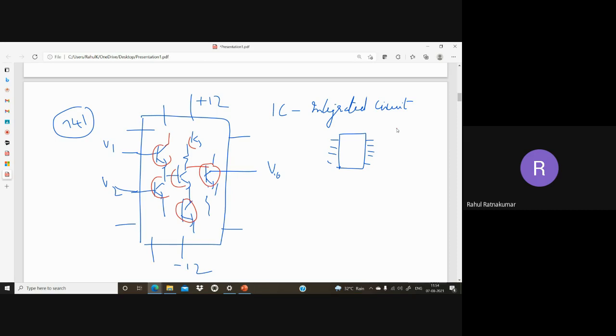Another problem is if you connect using an outside PCB or a breadboard, the length of wire also matters these days. When wire length is very high, it acts as an antenna. You might have studied antennas in communication: if the frequency you're transmitting is f, the antenna length is lambda by 4 or something. So all the wires in your circuit will act as antennas. What is the net effect?